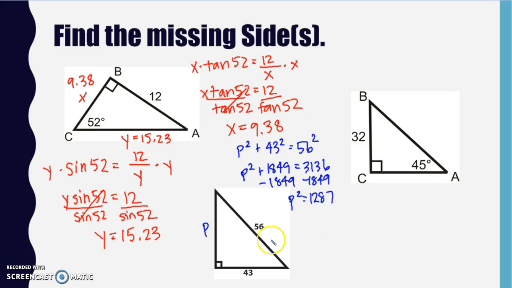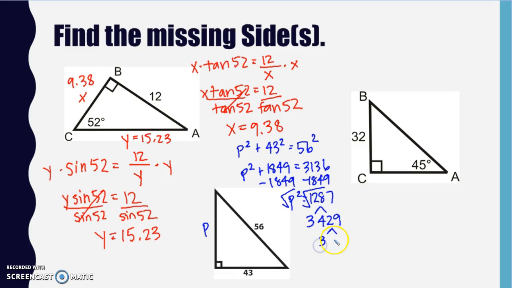So to solve for p, I've got to take the square root. If I plug this in, I'm going to get an ugly decimal, so I've got to try and simplify. 1 plus 2 plus 8 plus 7 gives me 18, so this means it's divisible by 3. So I've got 3 and 429. 4, 2, and 9 gives me 15, so I know it's divisible by 3 again.